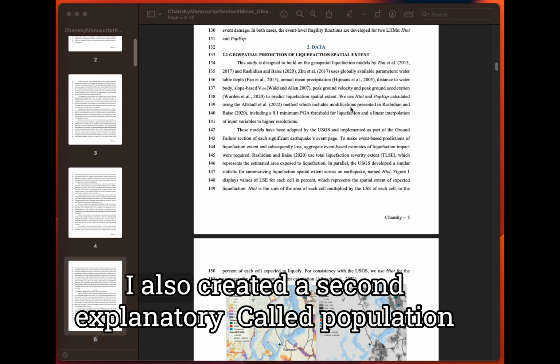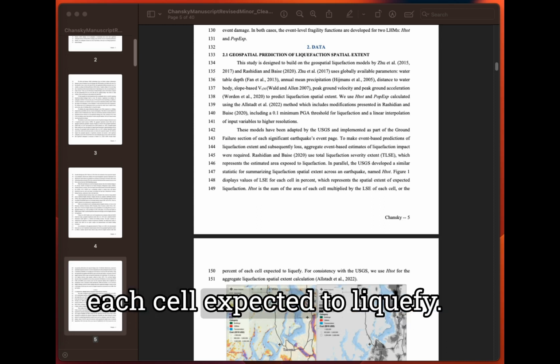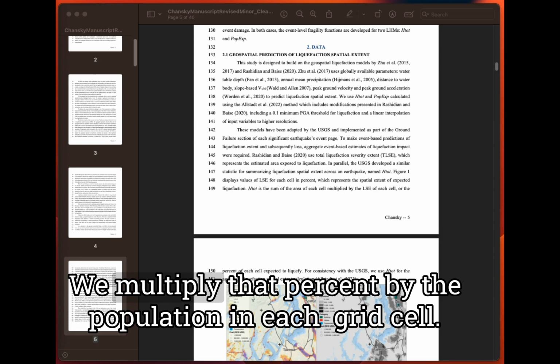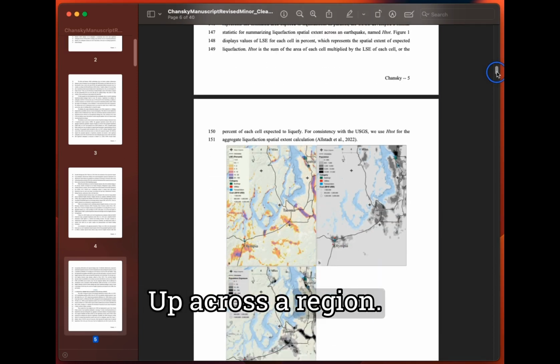At this stage, I also created a second explanatory variable called population exposure. To get this, we go back to the map of percent of each cell expected to liquefy. We multiply that percent by the population in each grid cell, and then we add that up across a region.